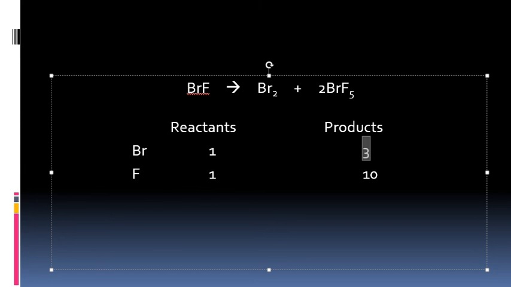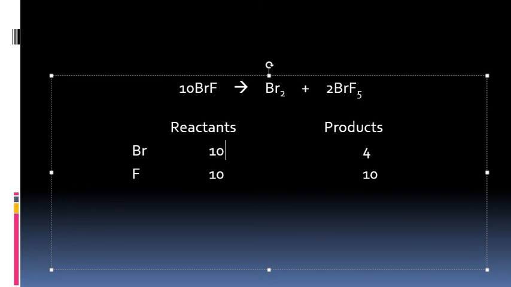Therefore we have 2 plus 2, which is 4 bromine on the right side of the equation. Now, just to balance out the number of fluorines, on the left side of the equation, adding a coefficient of 10 to BrF is going to give us 10 fluorine, but it's also going to give us 10 bromine on the reactant side as well.